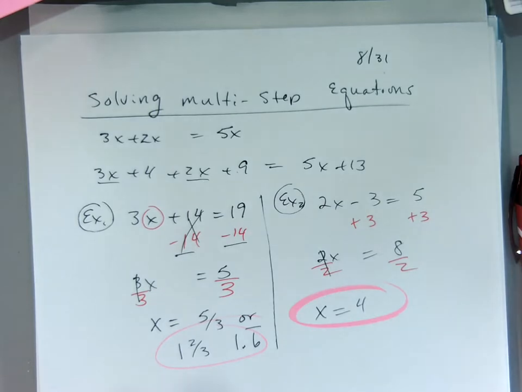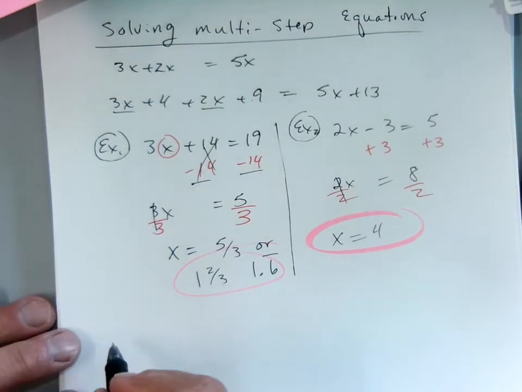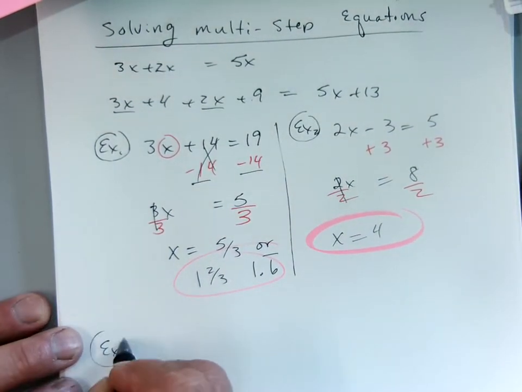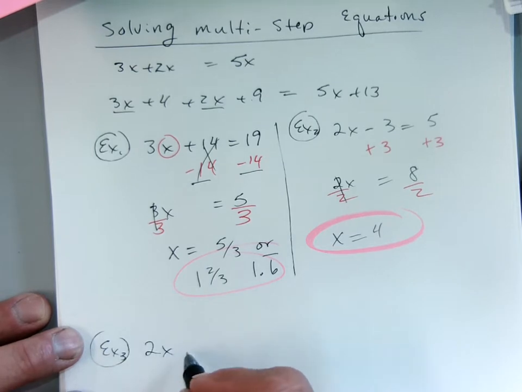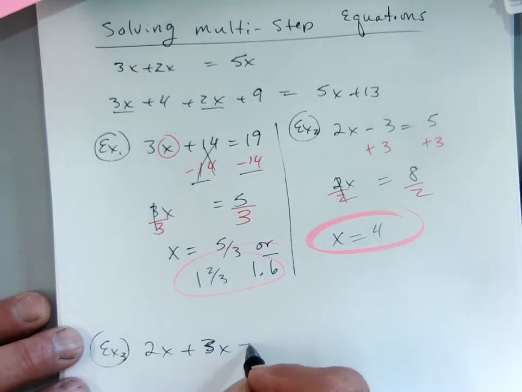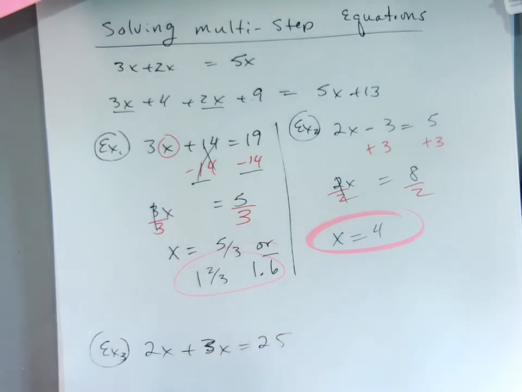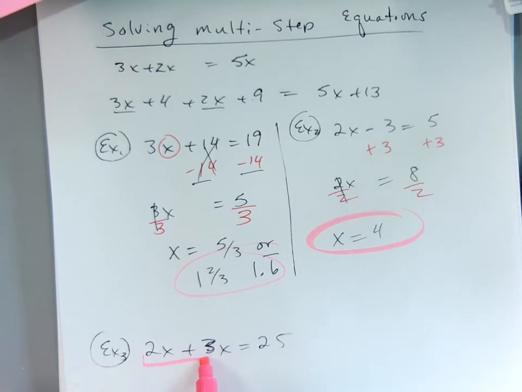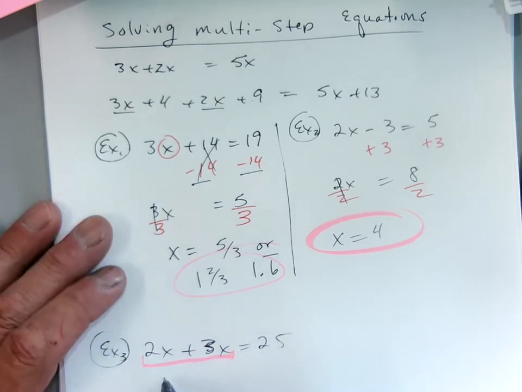We also did another example, example 3 in class. We started out with a 2x plus a 3x equals 25. Since these are the same, we can combine them and say how many x's total do we have? Well, a 2x plus a 3x is a 5x.